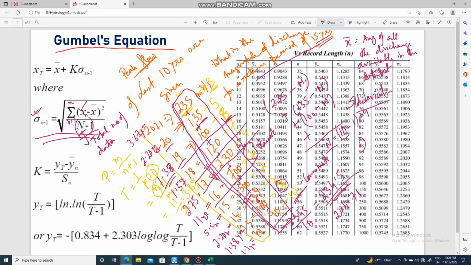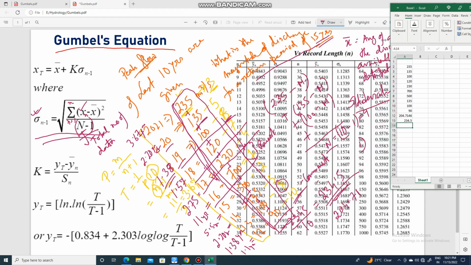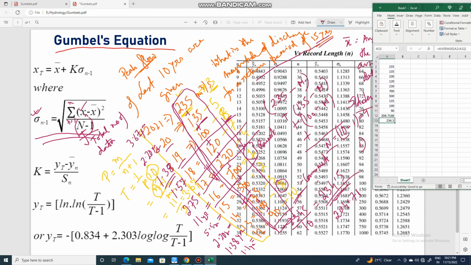So the mean is coming as 234.5. Let us apply this average also here. So 234.5 is the average and 204.7146 is the standard deviation.